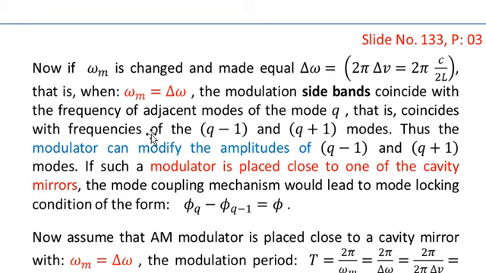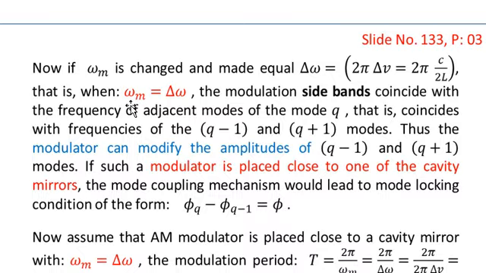That is, they coincide with the frequencies of the q minus 1 and the q plus 1 modes. If you add delta omega, you will have the q plus 1 mode, and if you subtract delta omega from omega q, you will have the frequency corresponding to the q minus 1 mode. So in addition to the mode q, you can have two other modes, q plus 1 and q minus 1.